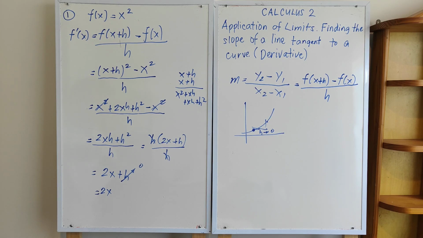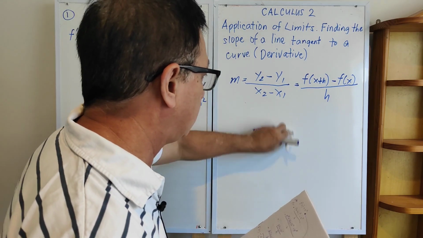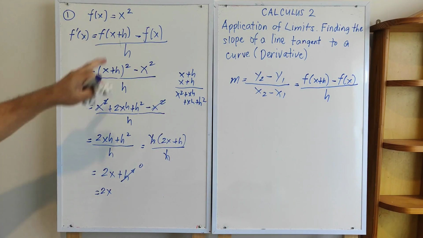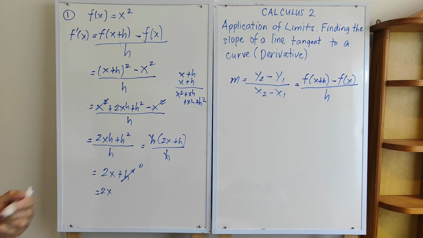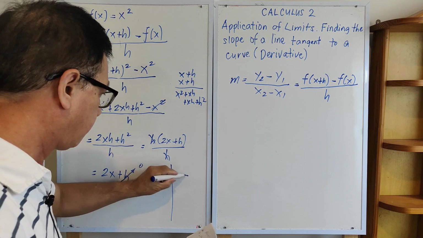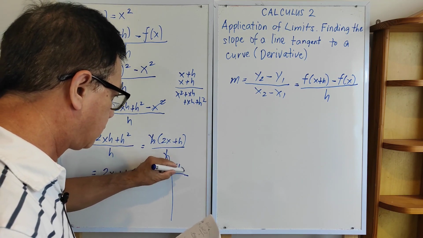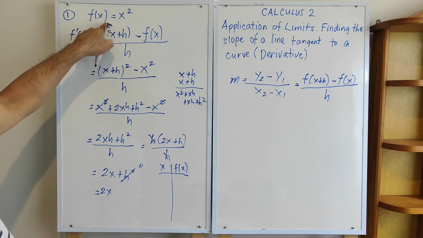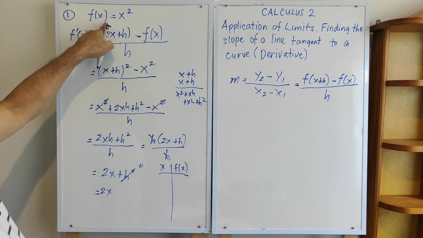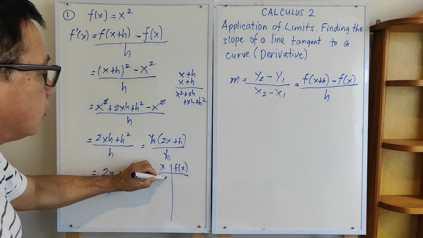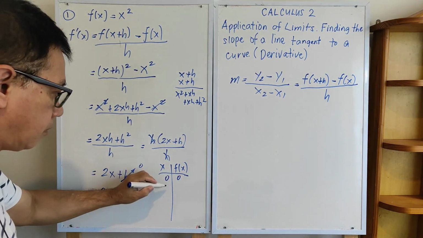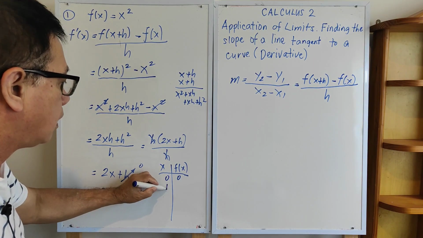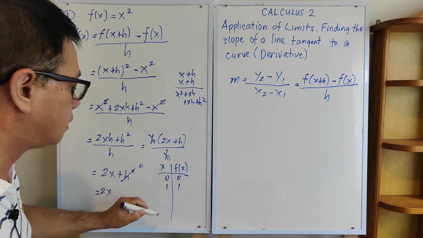Now, what is 2x now? So let me draw for you this curve. This curve is, let's say, x and then f of x. So this is a parabola going upwards. So if x is 0, f of x is 0, I'll just use the positives. If x is 1, f of x is 1.